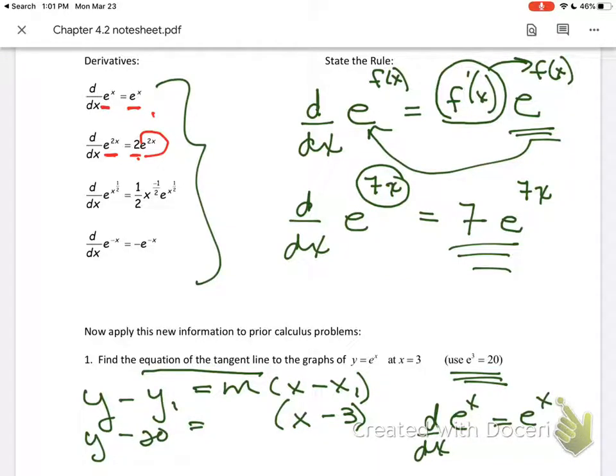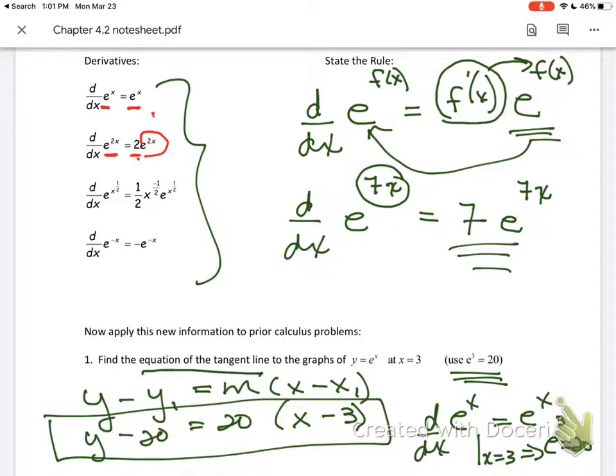And then can you evaluate that where x is 3? So you should be able to do that. If x equals 3, then that's going to give me a derivative of e^3, which they want me to use 20 to represent. So that would be your answer.